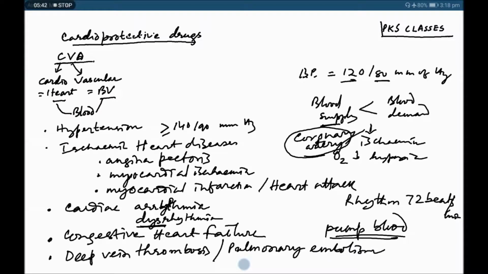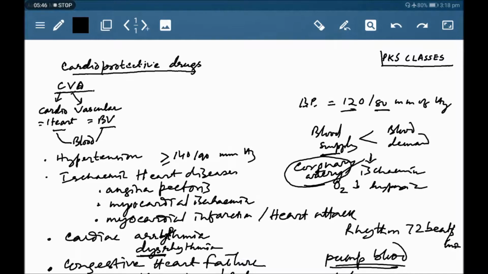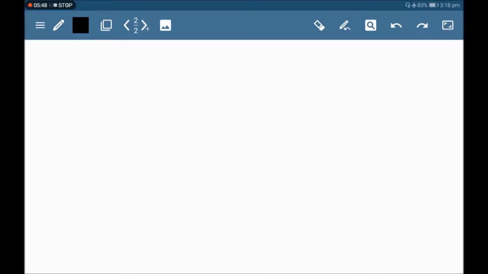All these cardiovascular diseases are caused by some risk factors. The risk factors for all the cardiovascular diseases: number one, blood pressure.